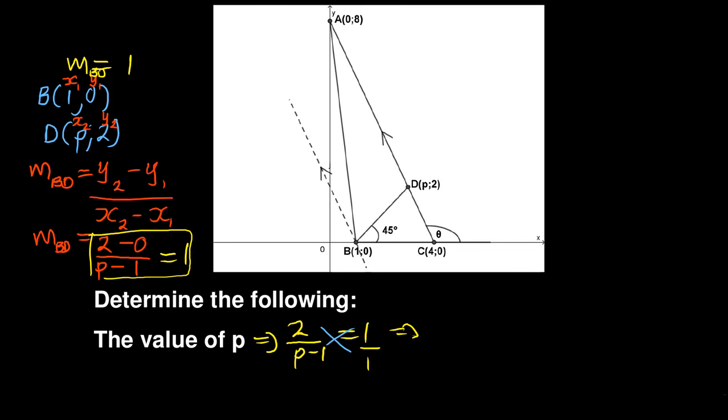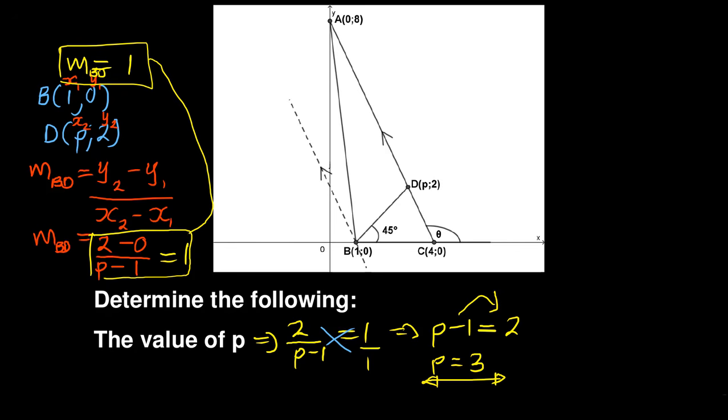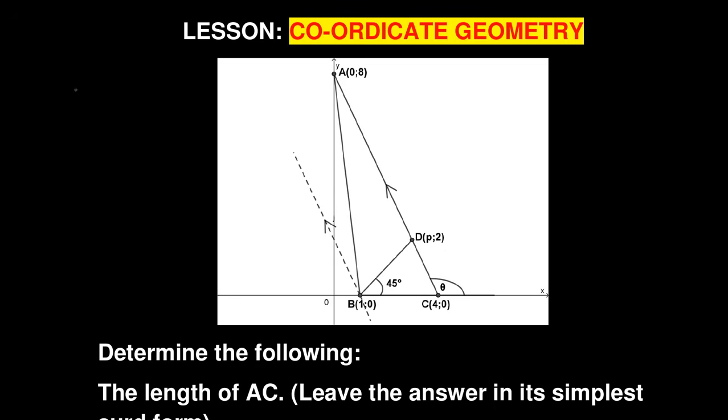It is P minus 1 is equal to 2, and then take 1 to the other side. I've got P is equal to 3. So the question here was find the value of P, and the value of P is equal to 3 in this case. So that is how you link the gradient, which is M is equal to 1, to that formula for the gradient so that you can find the value of P.